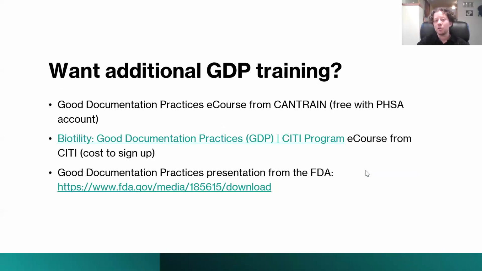If you want additional GDP training, like I was mentioning earlier, there is a course from CamTrain that is offered free of charge to anyone with a PHSA account. There is also a pretty good course on Citi, except that one does cost quite a bit of money to sign up for. And there's also a free presentation from the FDA that you can download that covers a lot of topics, including some additional ones that I didn't go into today.